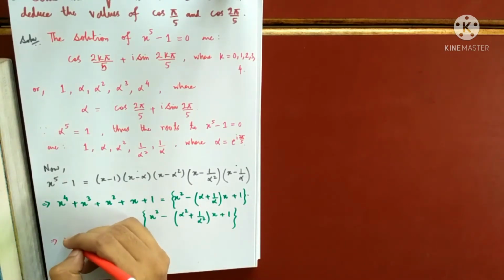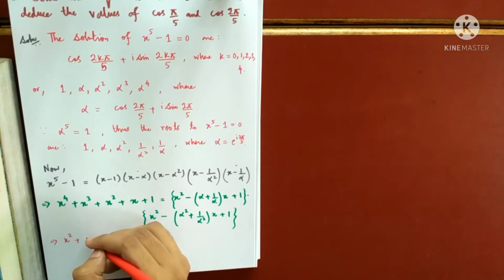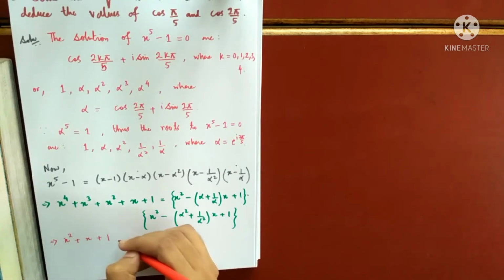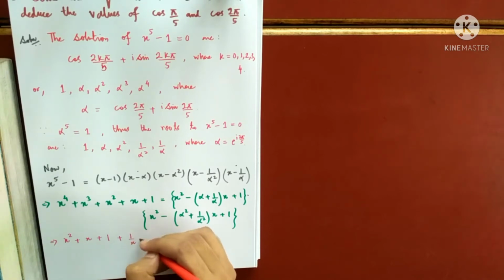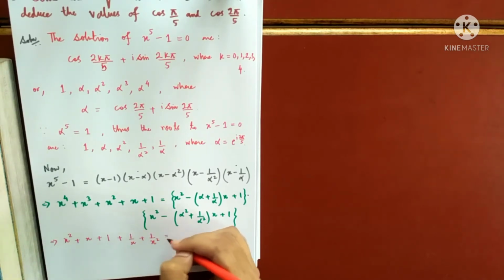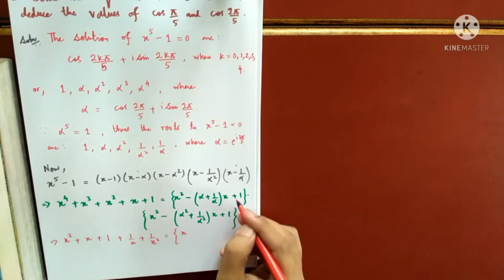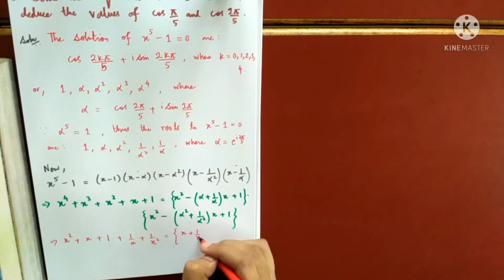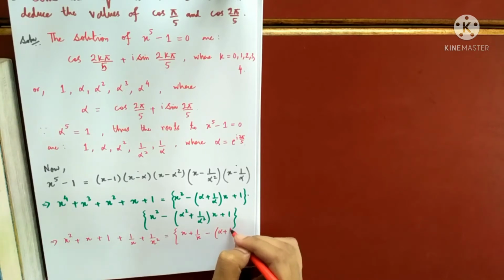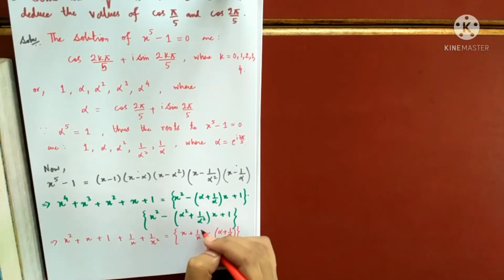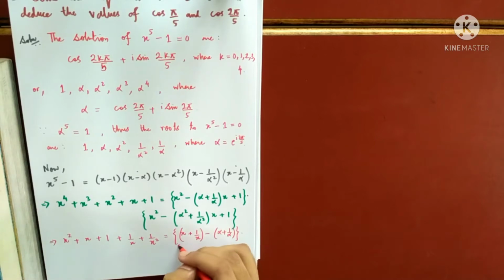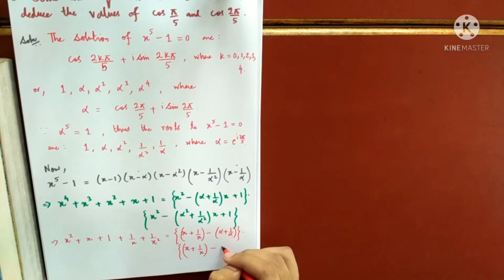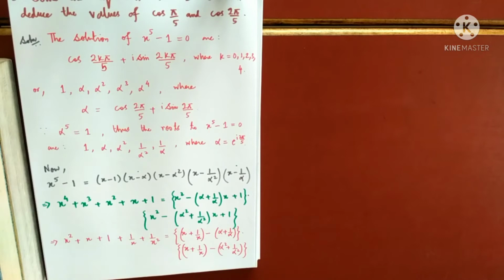So this will become x square, this will become x, this will become 1, this will become 1 by x, this will become 1 by x square, and on the right it will become x plus 1 by x minus alpha plus 1 by alpha, into x plus 1 by x minus alpha square plus 1 by alpha square. So what I did here, I am dividing both sides by x square.